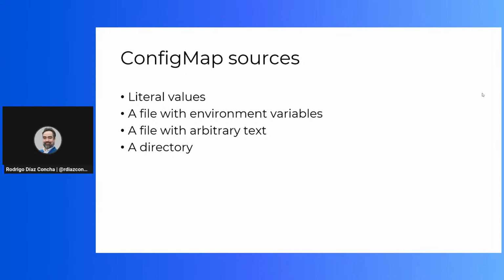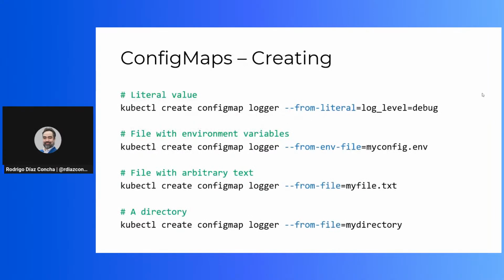This is an env file that has key value pairs. And also you can use a file with arbitrary text. Of course, those are quite similar. Just a text file with key value pairs, right? Or you can use a directory that has one or many files that you want to dynamically read to inject those values into your containers.